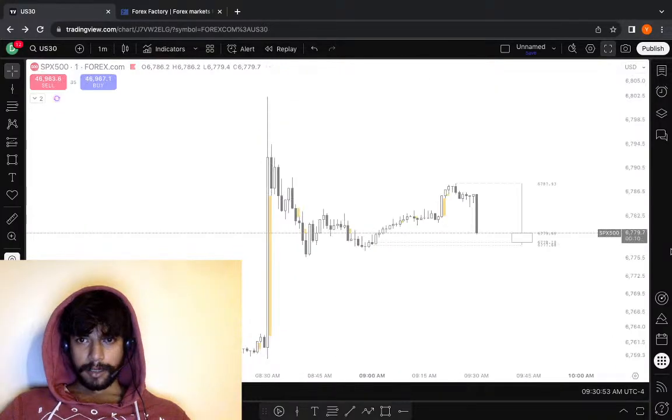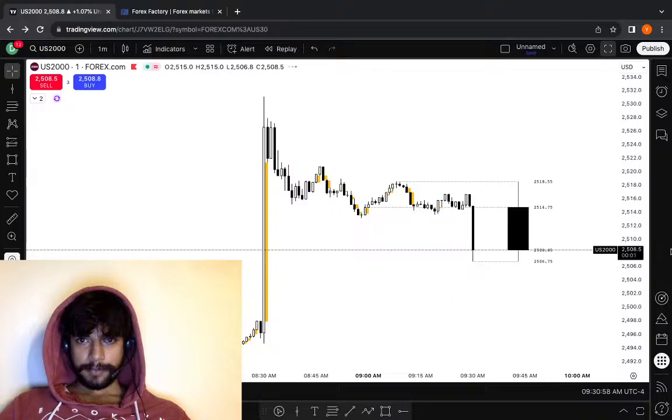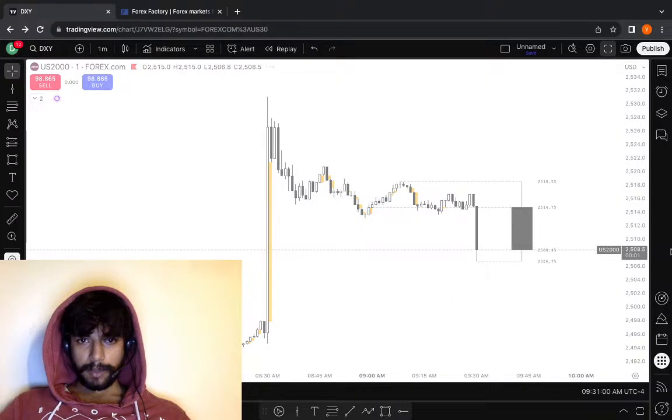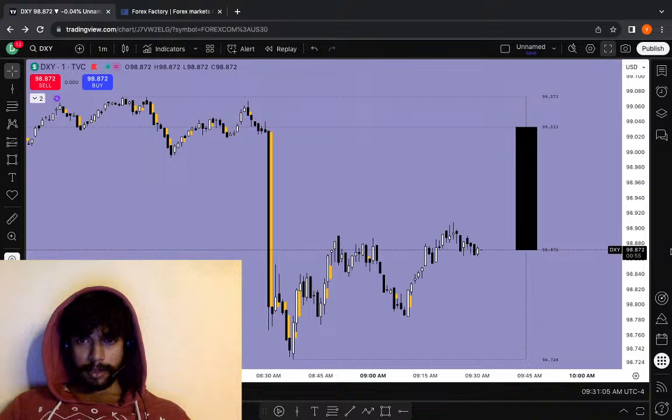Look at that. All of them doing the same things, moving lower, and dollar is still holding that price.